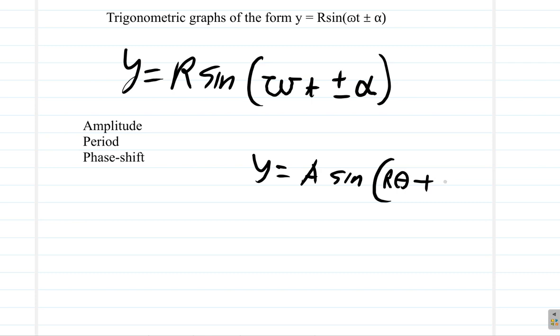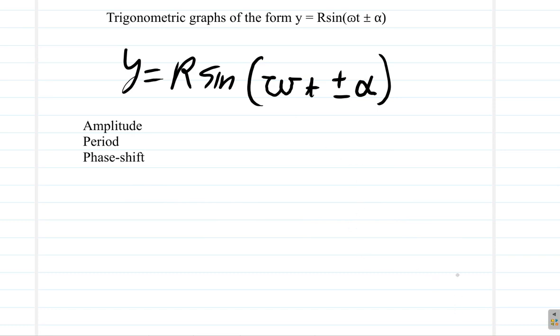It may be alpha as well, but amplitude times R, y equals R sine alpha plus theta, or something like that. We wouldn't have the t here. Sometimes you see it written like this elsewhere, but we're going to look at this form of the equation, y equals R sine omega t plus or minus alpha.